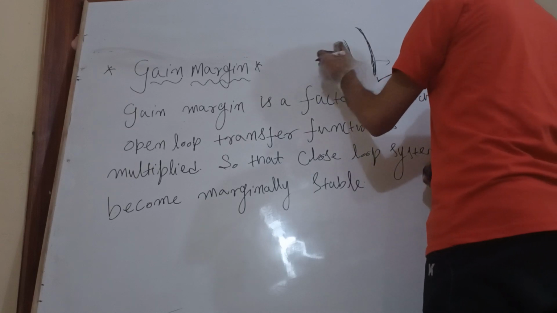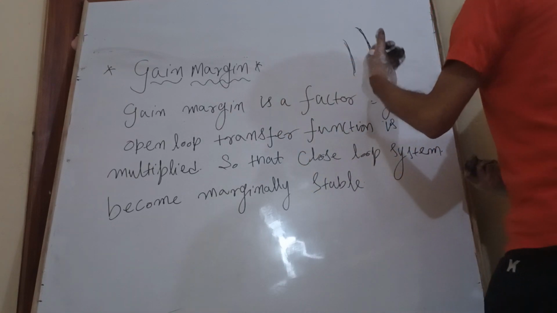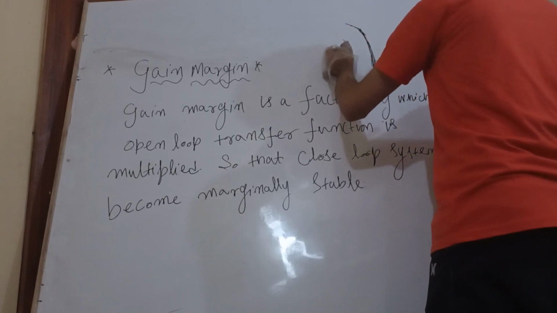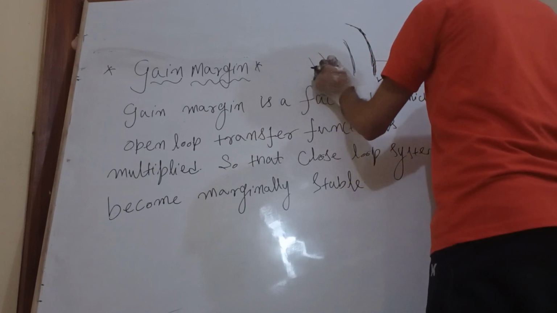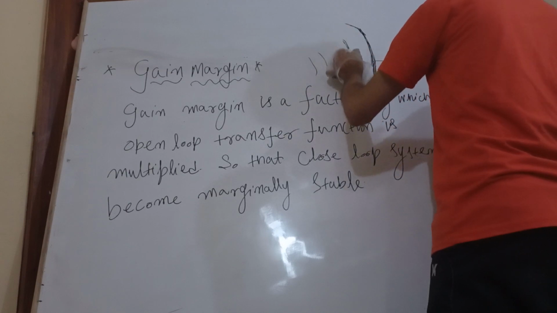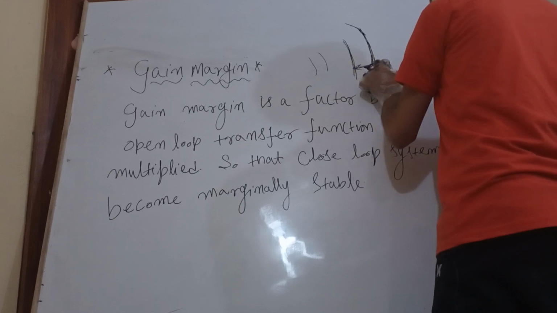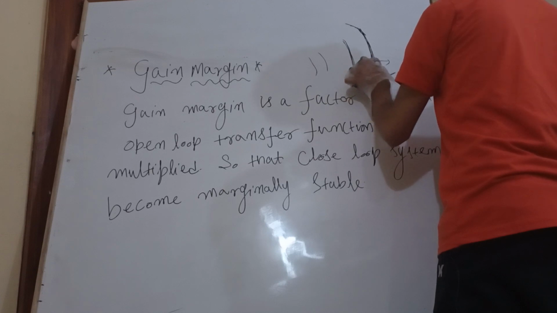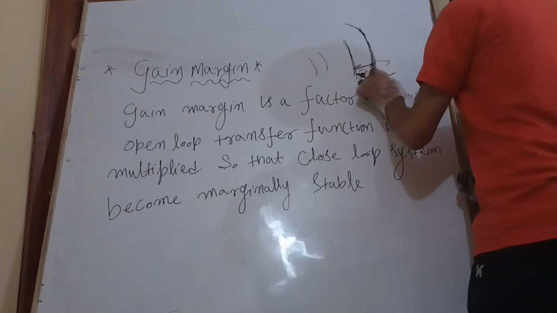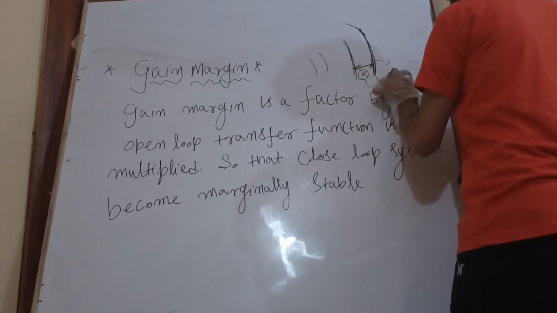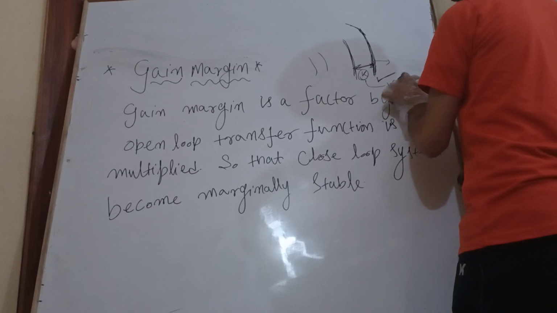So let's say you have one ultimate goal that you want to achieve. You have reached up to this point, so how much distance are you away from your ultimate goal? Let's say this is the k distance. This k distance is nothing but your gain margin.